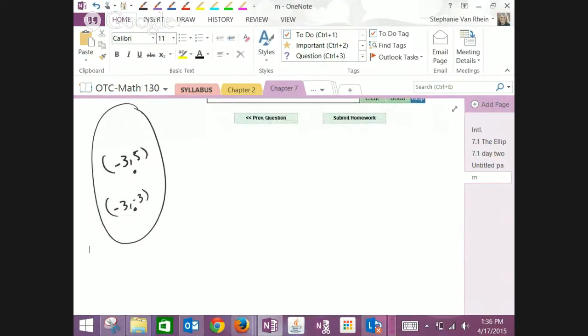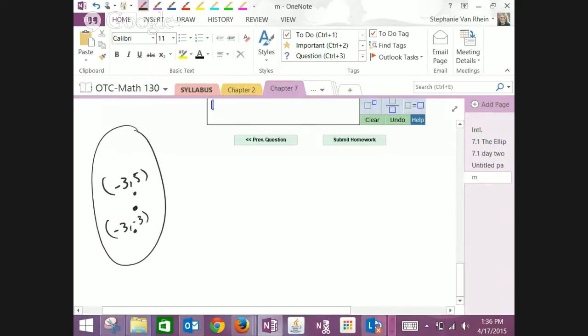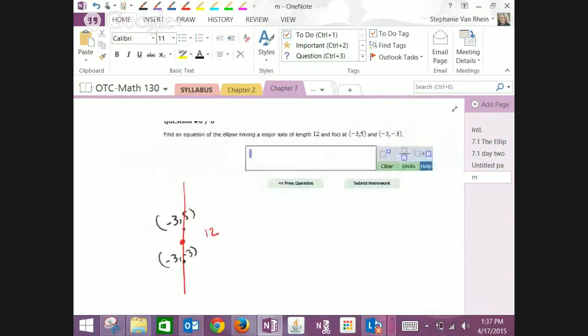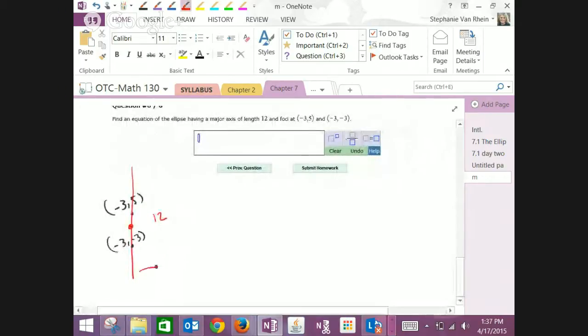Because the focus points are on your major axis. My center is somewhere in between here, but I know this whole length is 12. So that tells me half the length is 6.